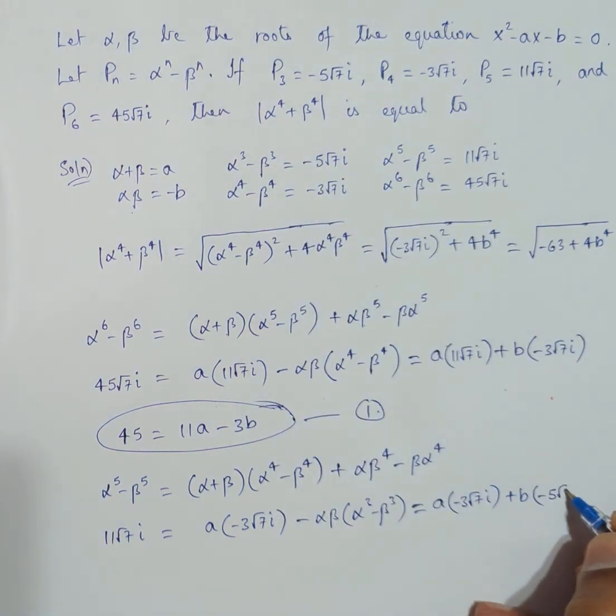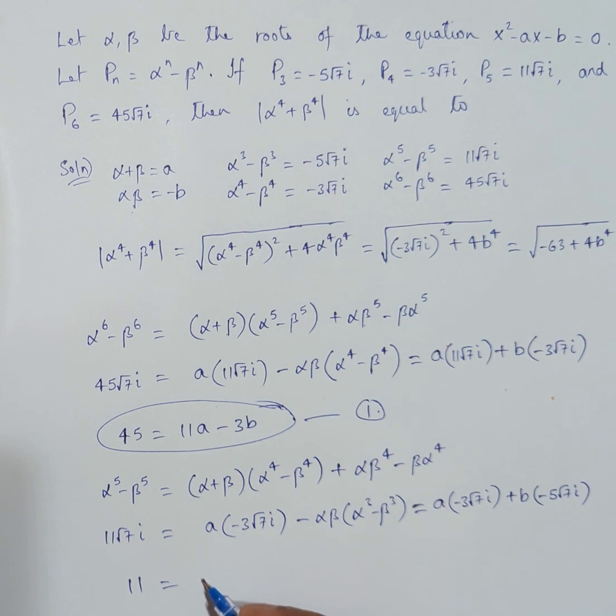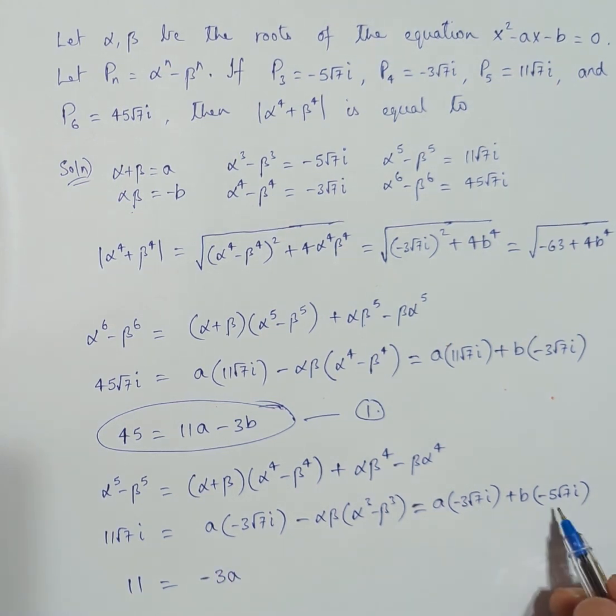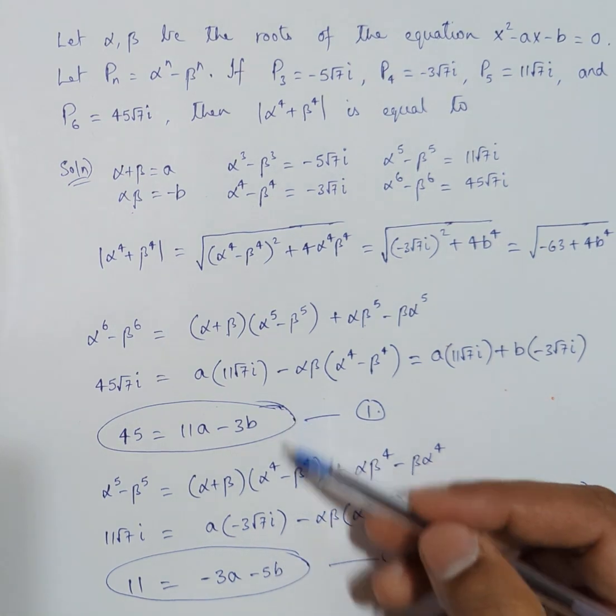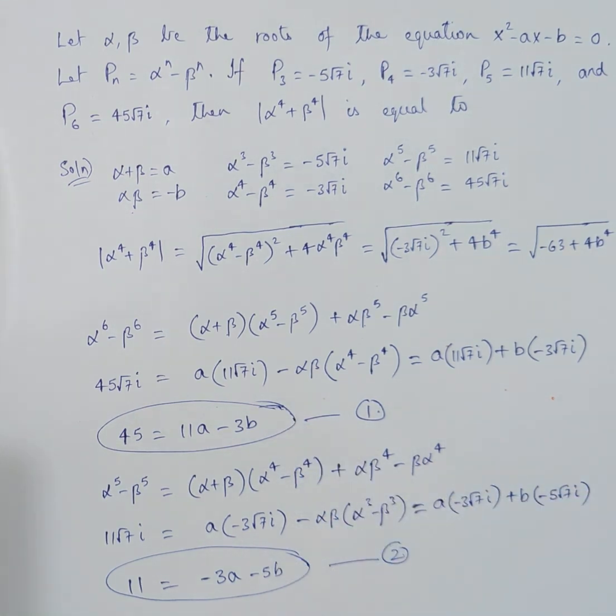Negative 5 root 7i. So again, remove the common factor of root 7i. You get 11 equals negative 3a minus 5b. So call this equation 2. And I'll leave it to you to solve this system of equations.